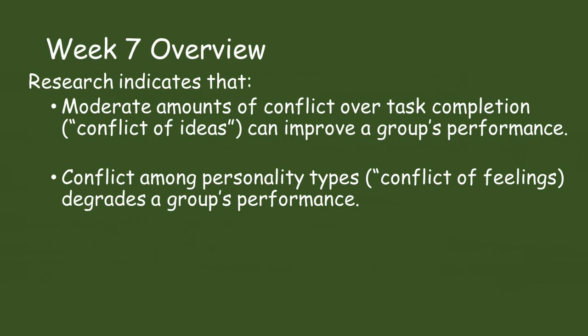But conflict among personality types, called conflict of feelings, is not so good, and it degrades a group's performance. You can read more about this on page 326 in the text. Also check out figure 7.1 about keeping your conflict focused on the ideas and not the person.